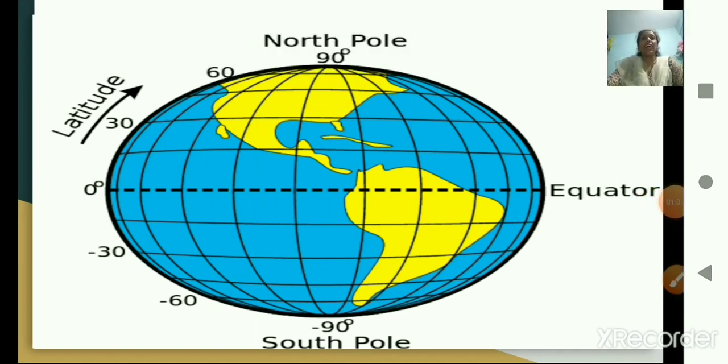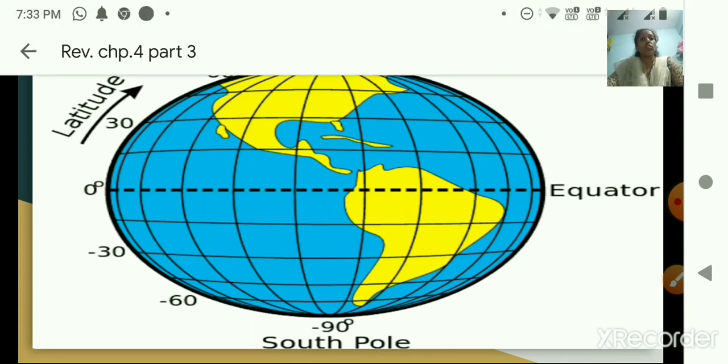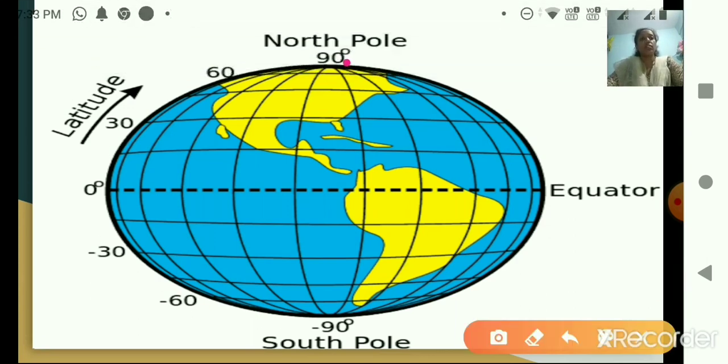So, the lines running from east to west are known as lines of latitude, and the lines running north to south are called as lines of longitude.